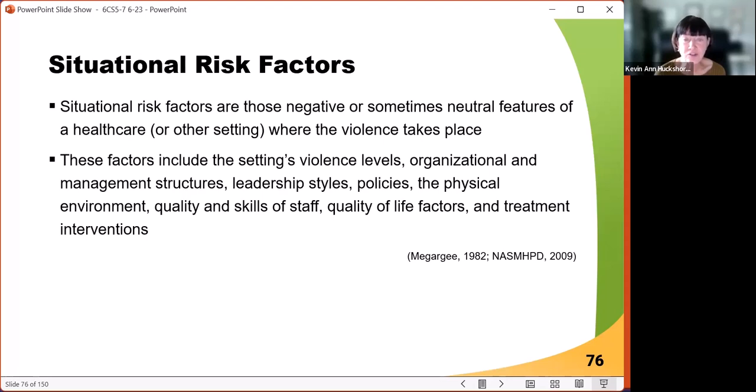Situational risk factors are those negative or sometimes neutral features of a setting where violence takes place. These factors include the setting's normal violence levels. Does this stuff happen all the time, or is it very rare?